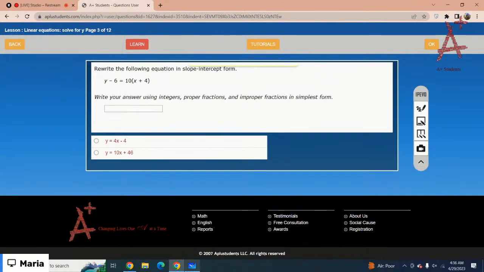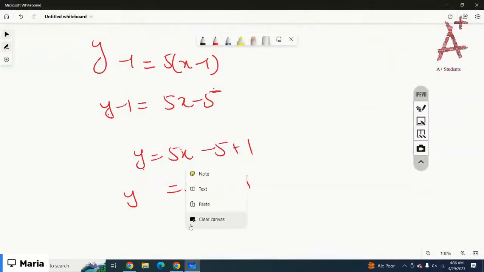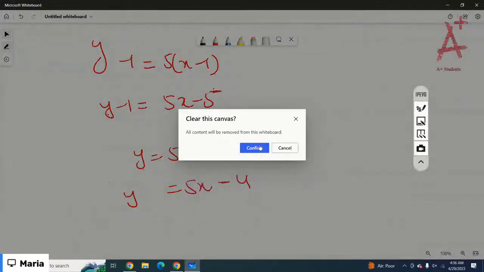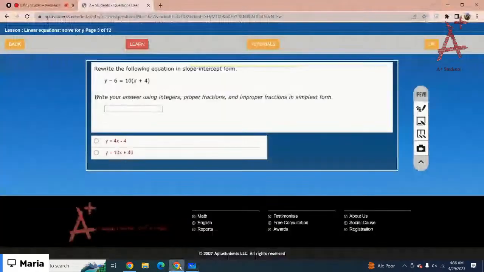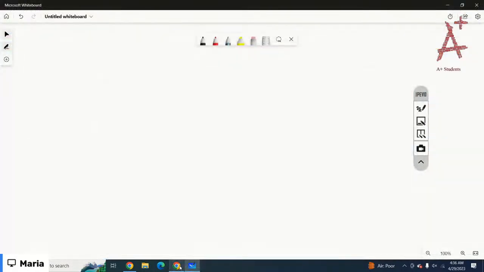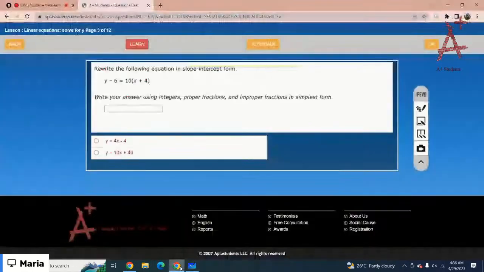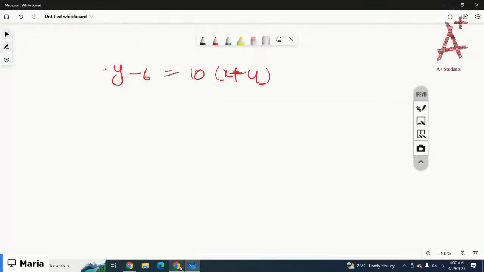Okay, the next one is y minus 6 equals 10 times x plus 4. You have y minus 6 equals 10x plus 40.